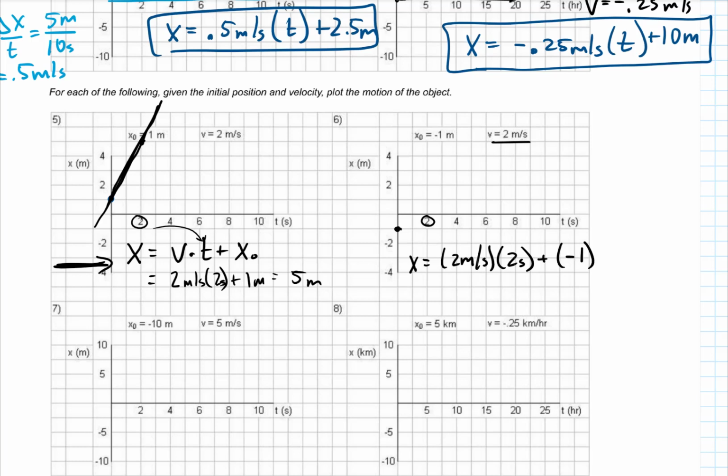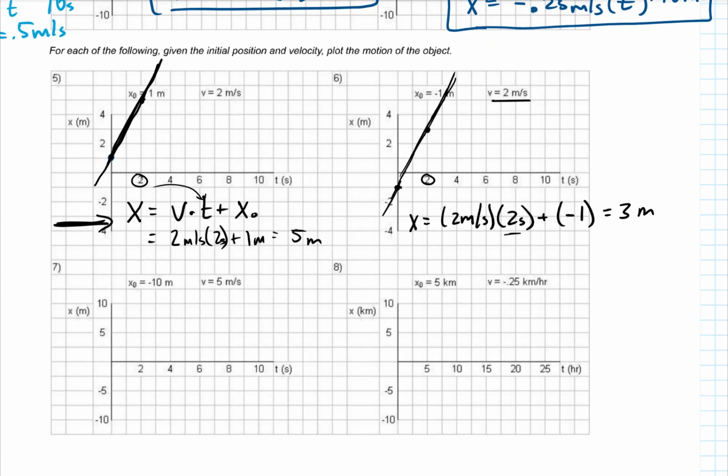So I'm going to have 4 minus 1. My position at 2 seconds is going to be 3 meters. So at 2 seconds, we're at 3 meters. And that's our line.